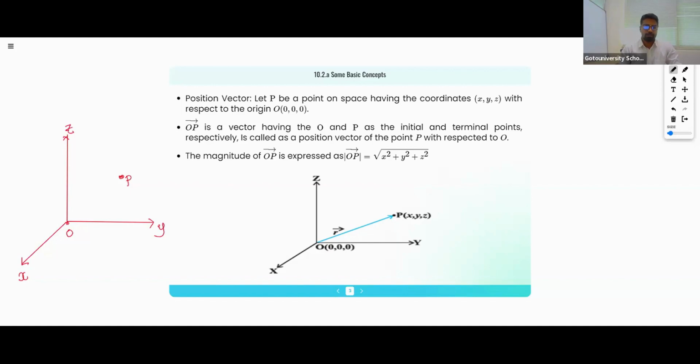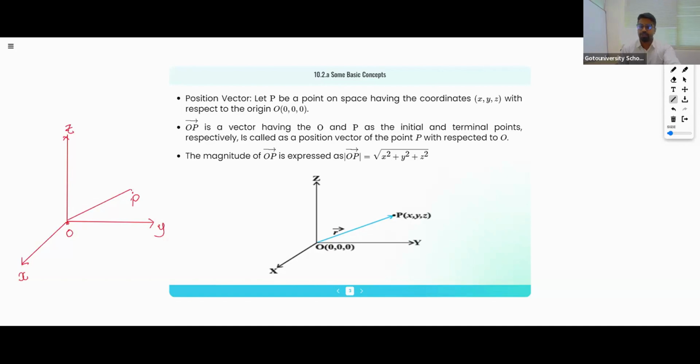Okay, so I'm joining this in the space. Let me write it even better. There is a reason why I am carefully writing this to show all this. Yes, this is point P. Now I'm going to join O to P, and this is a line segment now, right?